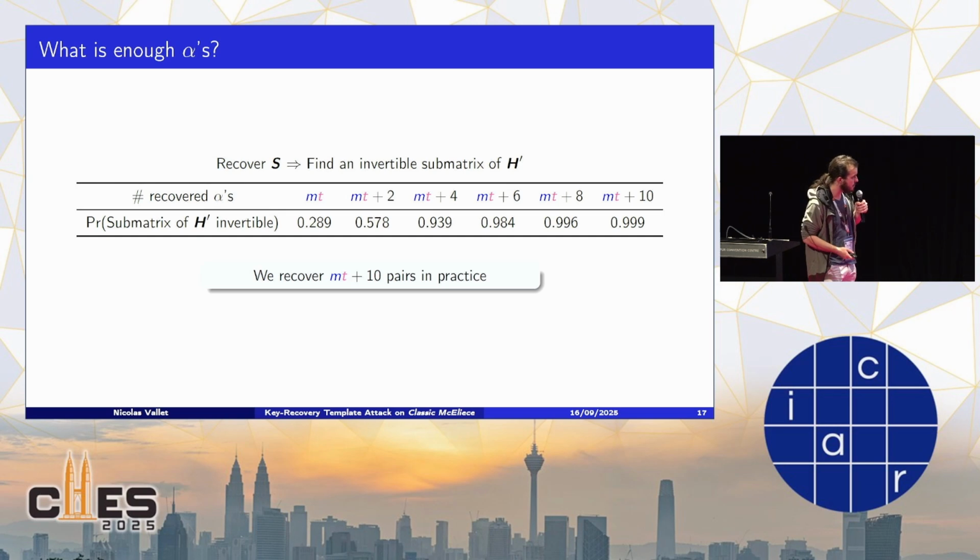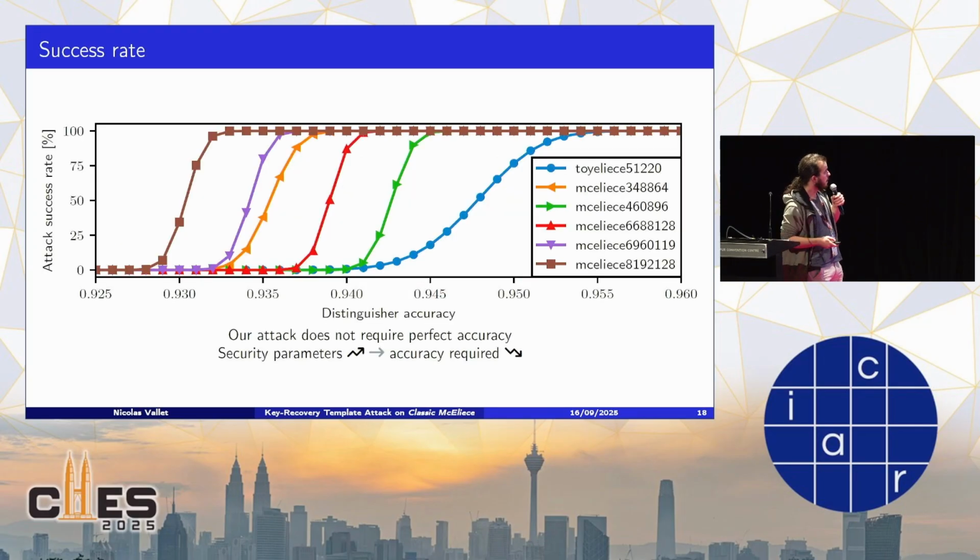So to increase the probability of having mt linearly independent columns, in practice we took mt plus 10 pairs, so that this probability was equal to 99.9%.